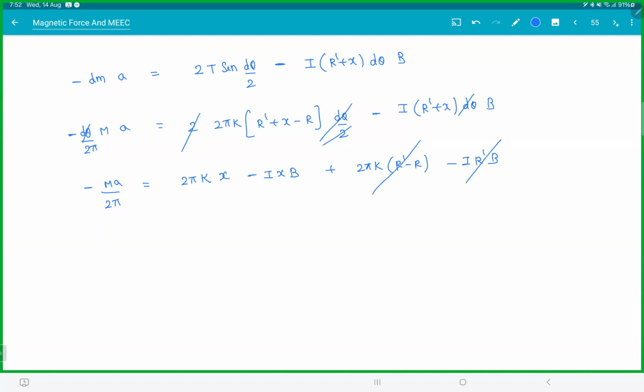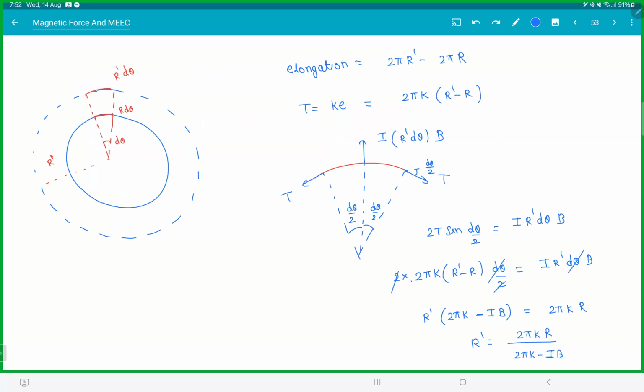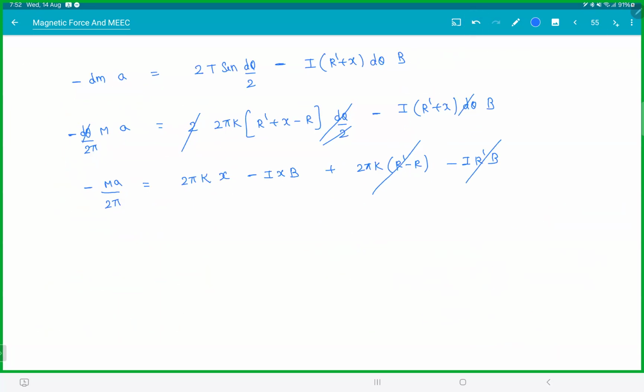Actually, these two terms will cancel out. That is how we got it from the equilibrium, isn't it? 2 pi k (r dash minus r) is I r dash b. Basically, we are taking the change in forces, and so acceleration would be minus (2 pi k minus ib) into x divided by m. So this term is your omega square. Time period is 2 pi by omega.